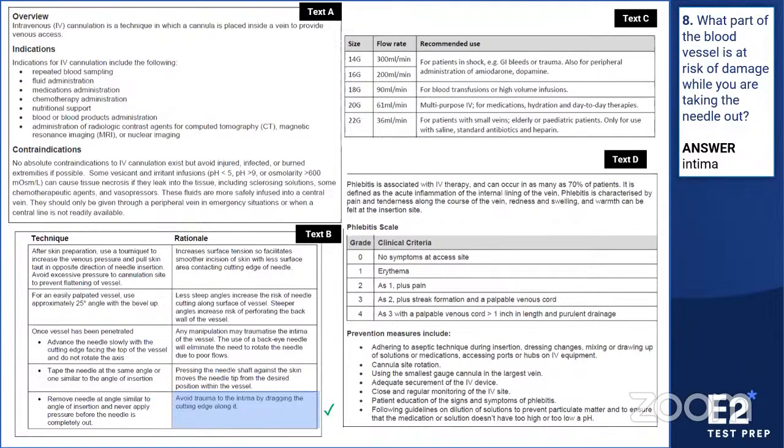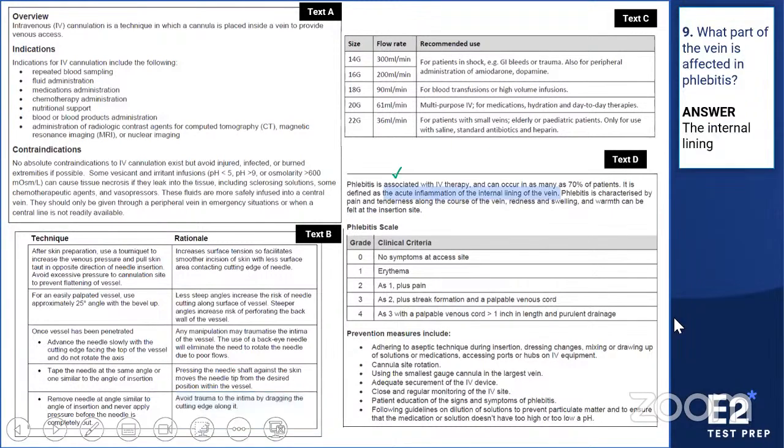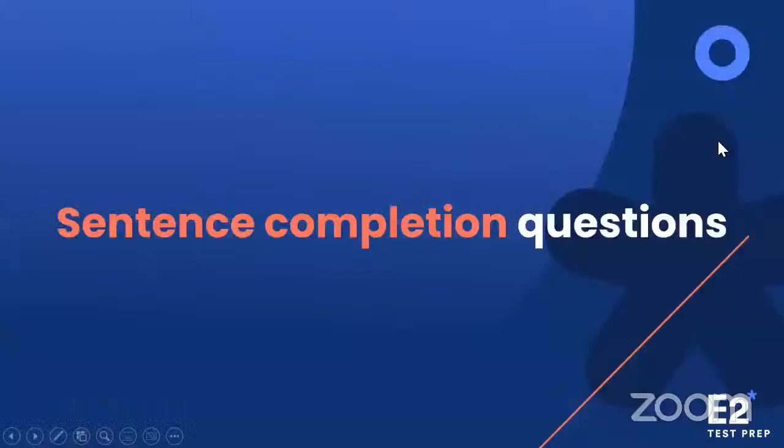Very good. Nice one, Rena and Yusra. Trauma. Exactly. Very good. And then the part of the vein that's affected in phlebitis is the internal lining. Now, we don't want to write the internal lining of the vein because that is in the question already. You just need to write internal lining.